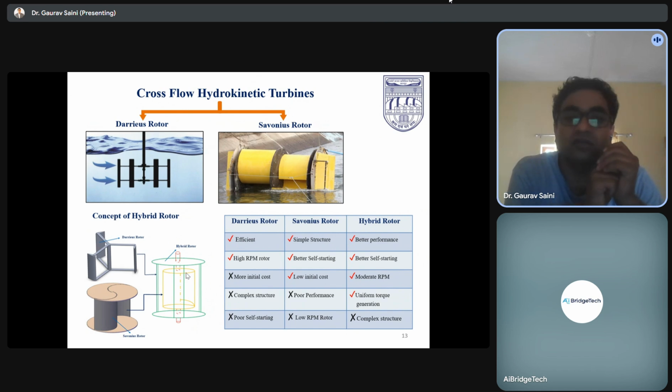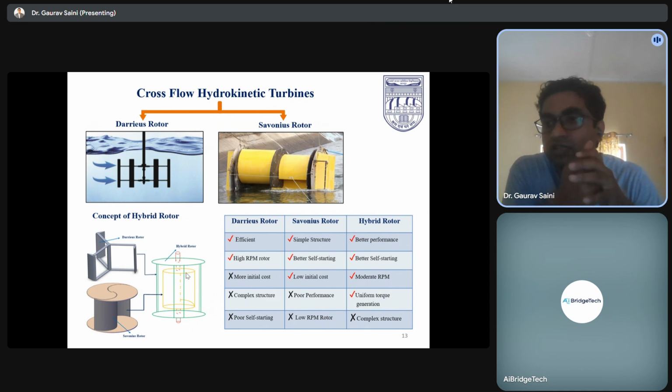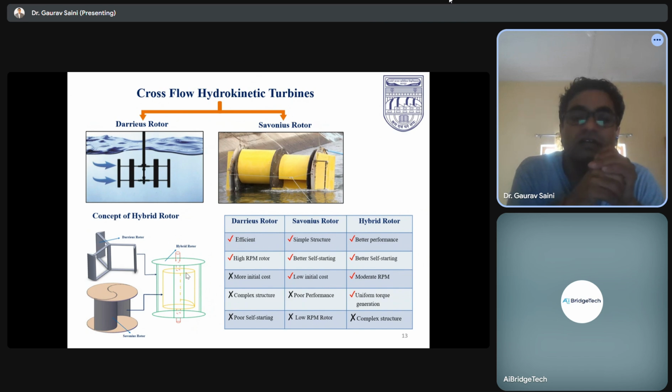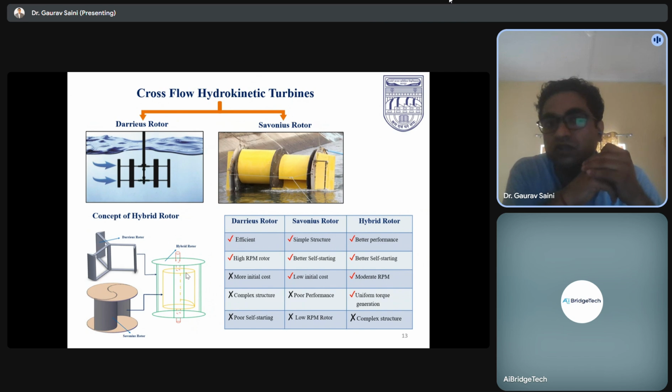So a hybrid concept was proposed, and obviously it has a somewhat complex structure, but it is suitable for large scale, for rivers, for canals, and other applications. Most importantly, it can be utilized for remote locations where we do not need another specific self-starting system to help the rotor get started even at low flow of water.